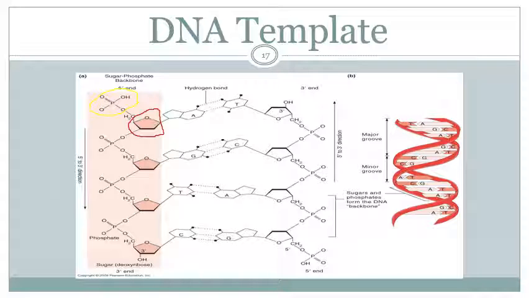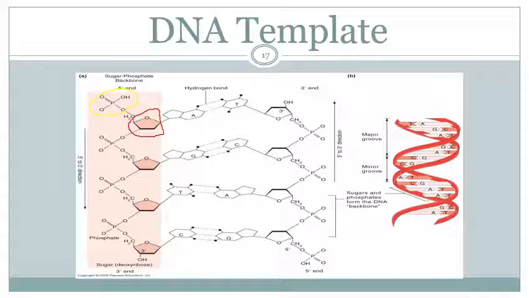In this DNA template, you can see the phosphate group, which is at the 5 prime end, because if we number the sugar molecule, this carbon is carbon number 1, 2, 3, 4 and 5.